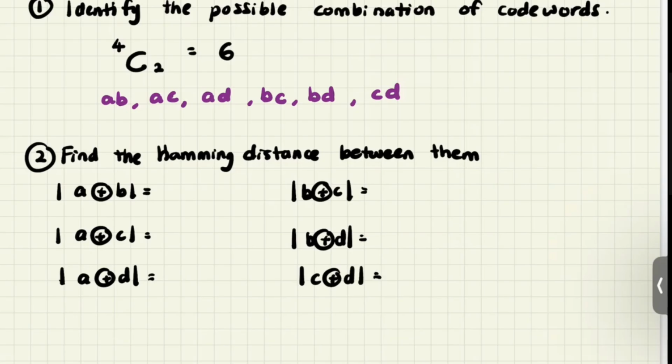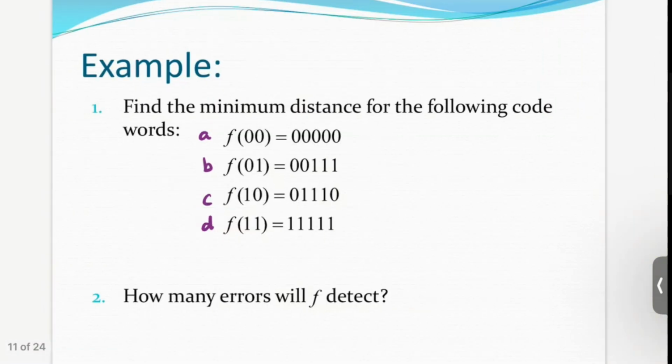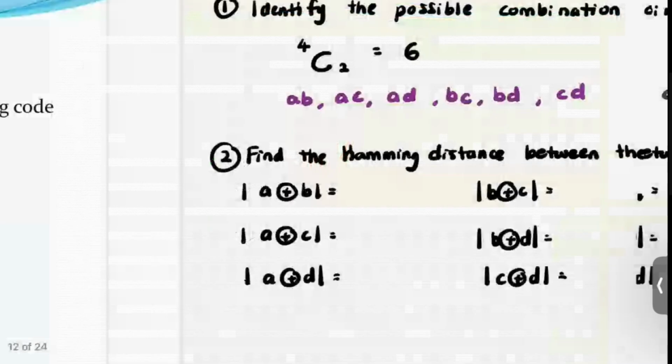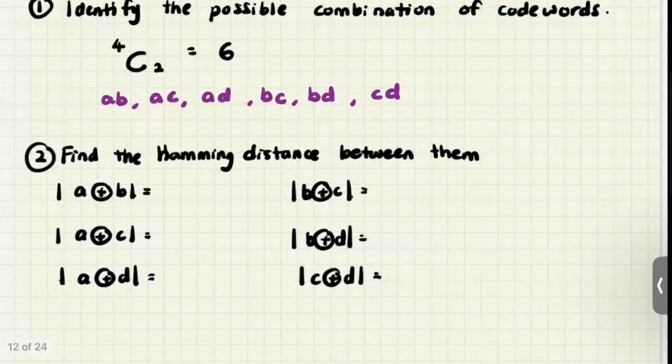So you check by yourself the Hamming distance between A and B. 1, 2, 3, right? You will get 3. Can you find by yourself what the answer is? Between A and B, the distance will be 3. What is the distance between AC?